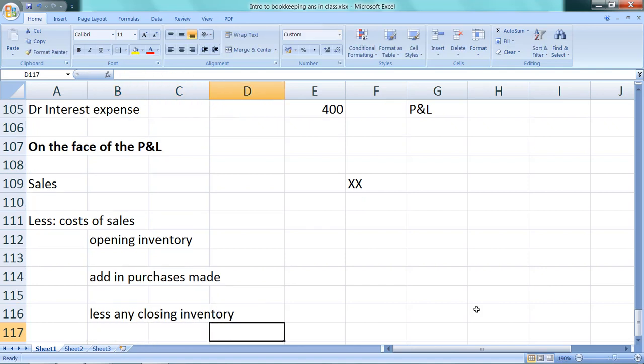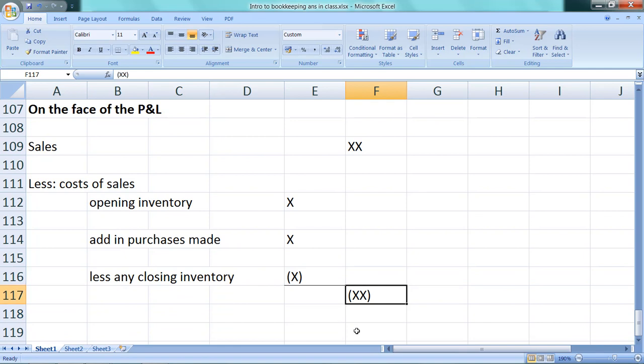Okay, does that make sense? By convention, if you see a number in brackets, it means it's a negative figure. When we add those three things together, we end up with a total negative figure of whatever my cost of sales are, and that will allow me to work out my gross profit. Okay, we happy with that?